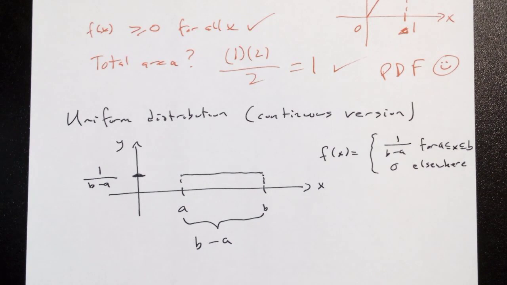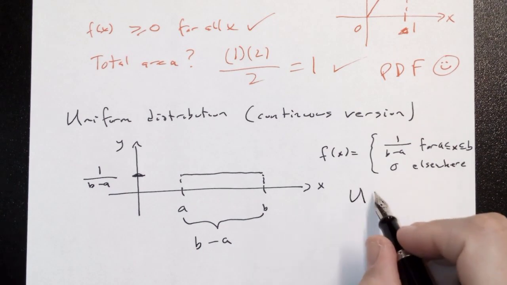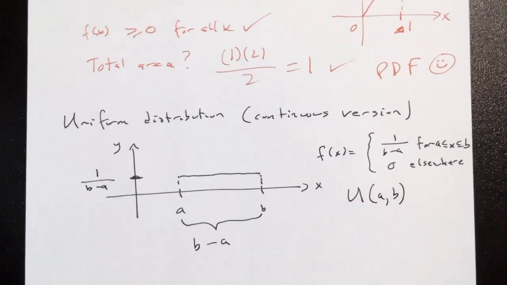And it's a piecewise function, just like our triangle was, just like our previous setup was. We're going to call this UAB, the uniform distribution function from A to B.